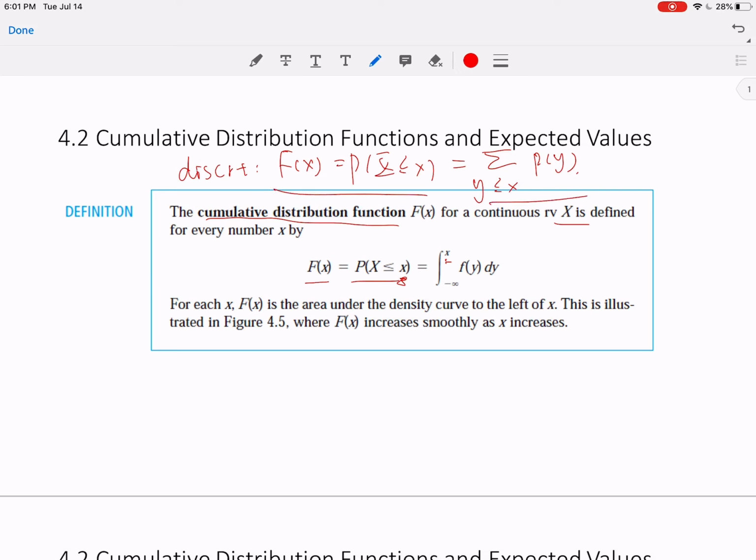So that's how we find the CDF of a discrete random variable.